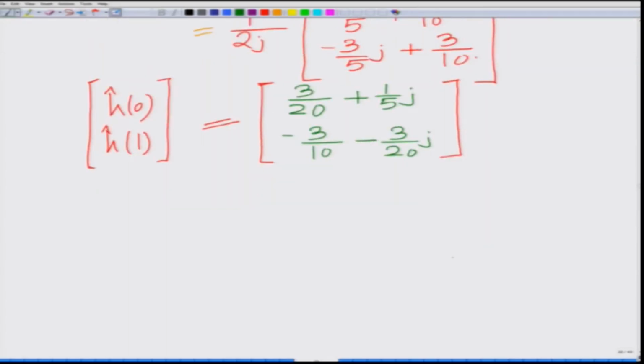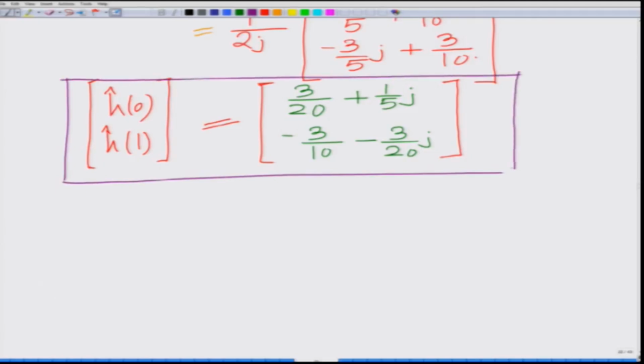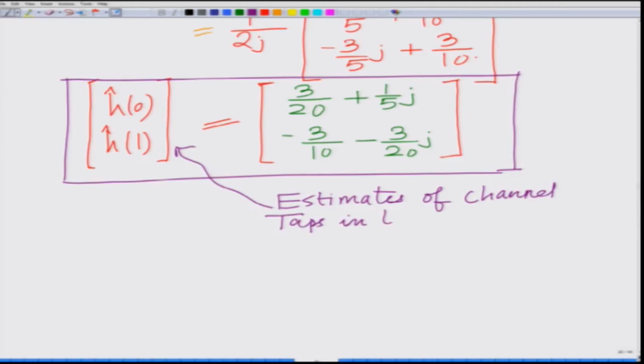So, basically these are your estimates of the channel taps in the time domain.